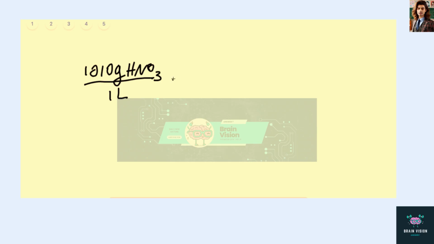We multiply this by the percent, 0.00655, and this equals 6.62 grams per liter of nitric acid.